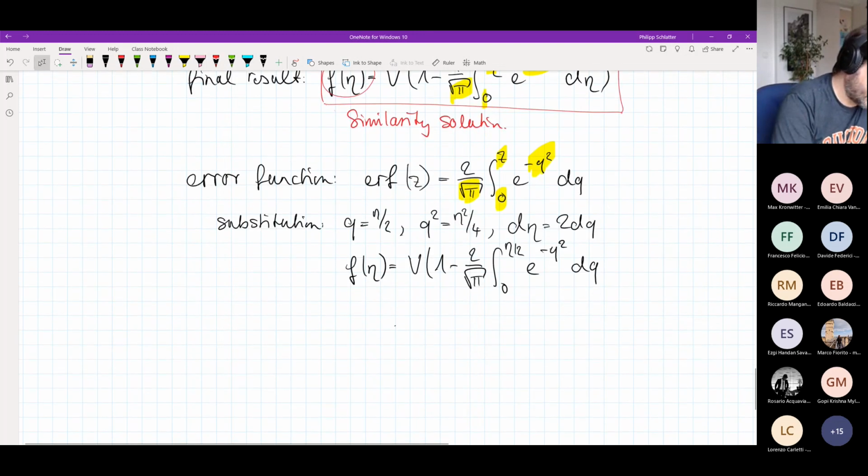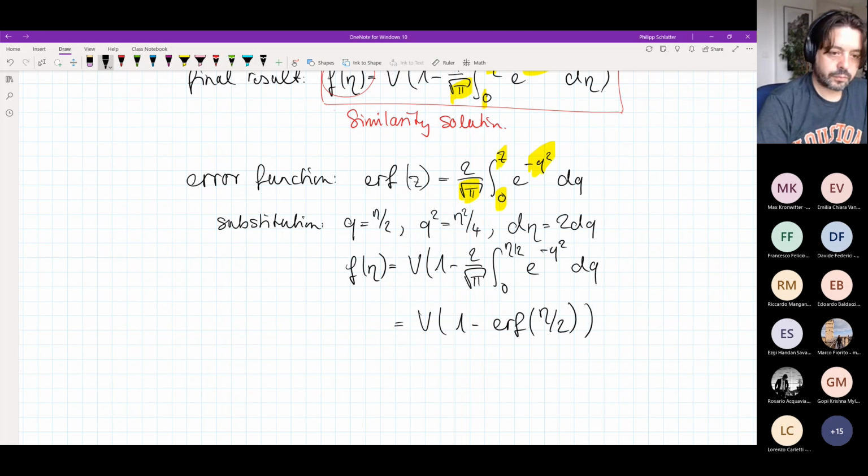And now, taking in the definition of the error function, we will see that this becomes v times 1 minus the error function of eta divided by 2. So this is the f of eta.